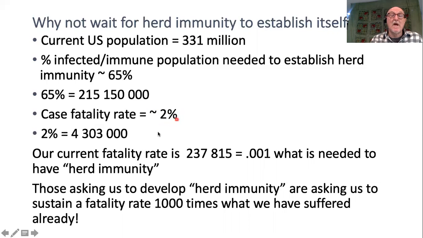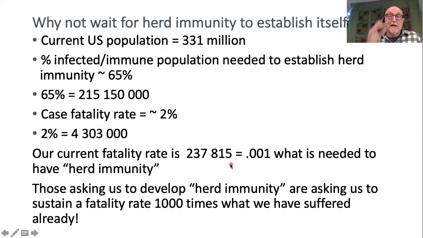Okay, so that's 2%. 2% of this is 4,303,000. Currently, we're approaching 250,000 deaths. When I did work the sum out, it was 237,815.